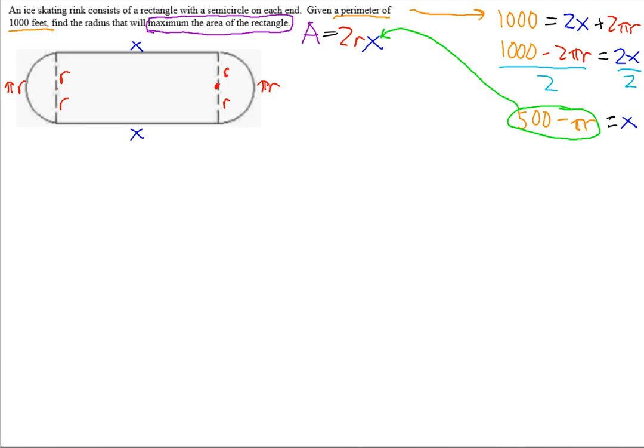So now we get rid of the x, so now we can write it in function notation as A of r. All right, so we have 2r, and then instead of x, we're replacing that with 500 minus pi r.